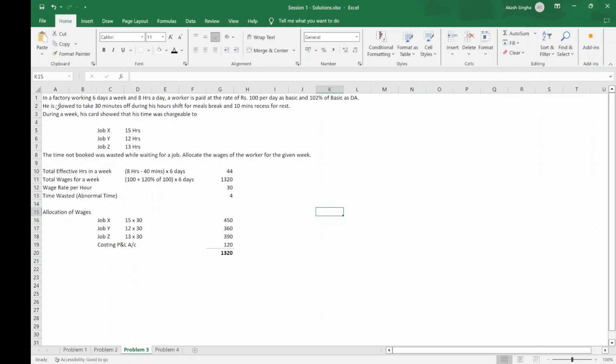Now this question: an effective working week of six days, 8 hours a day, a worker is paid at the rate of 100 rupees per day as basic, and 120 percent of basic as DA. He is allowed to take 30 minutes off during his shift for meal and break, and 10 minutes recess for rest.